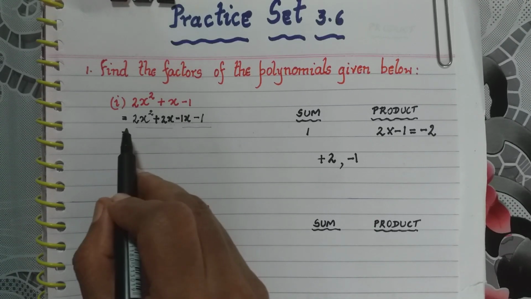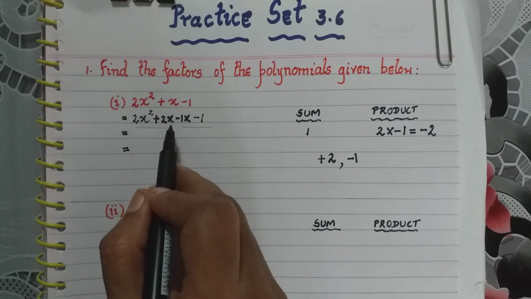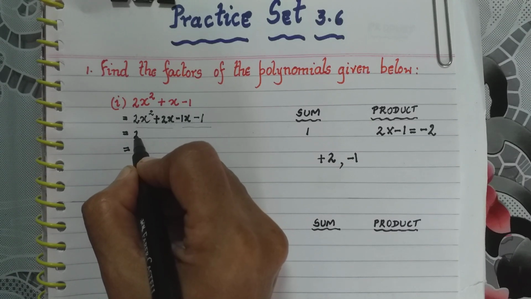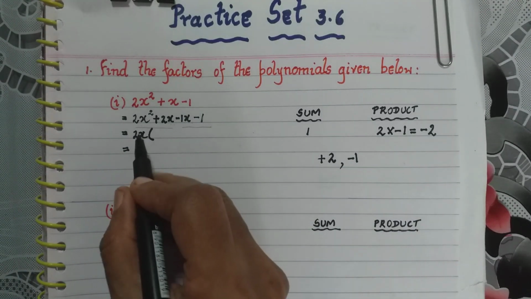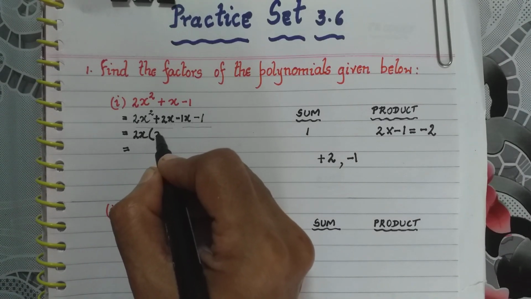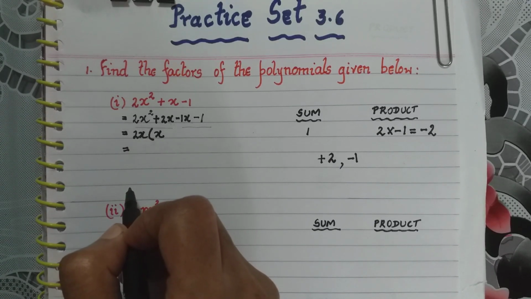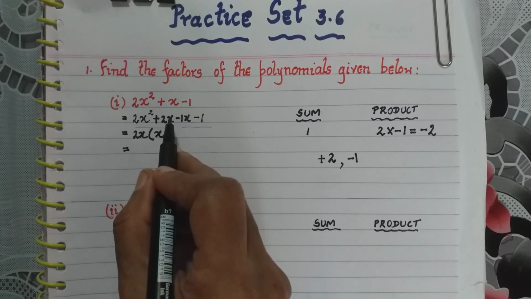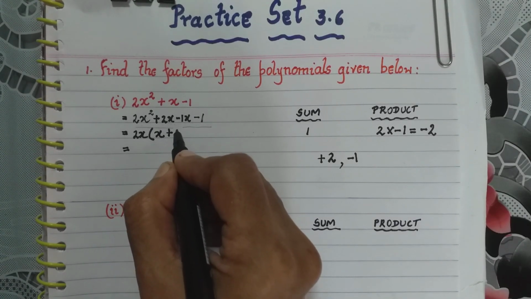I see that 2 is common among the coefficients, and the variable x is present in both of them. So I can write 2x and then put a bracket. Now 2x goes into x square x times, that is 2x into x is 2x square. 2x goes in 2x only once, so I write here plus 1.